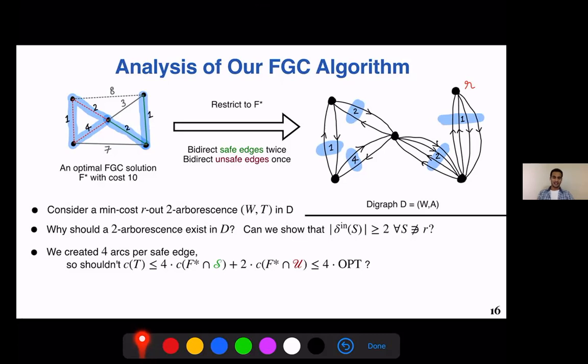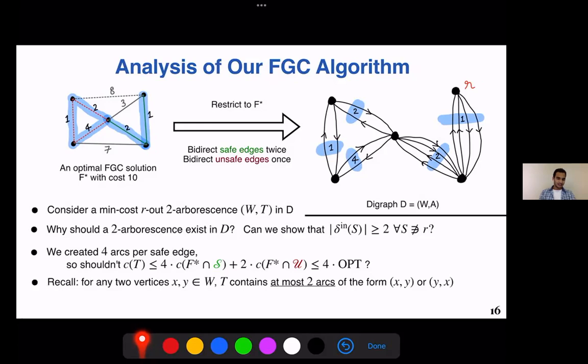Okay, next, let's do the cost analysis. Observe that we created 4 arcs per safe edge. So shouldn't the calculation have a multiplier of 4 for the cost of safe edges in an optimal solution and a multiplier of 2 for the cost of unsafe edges in an optimal solution, thereby yielding a 4 approximation? So how do we get a 2 approximation?